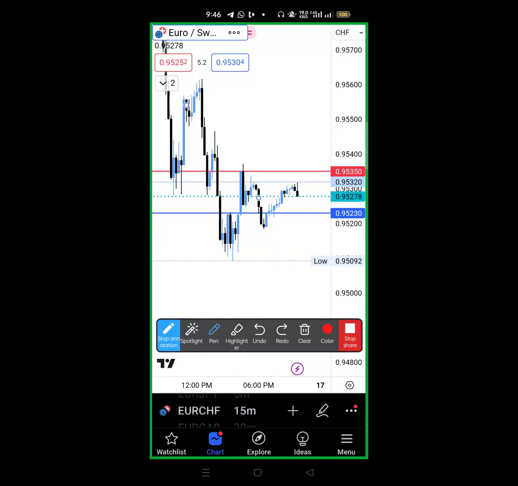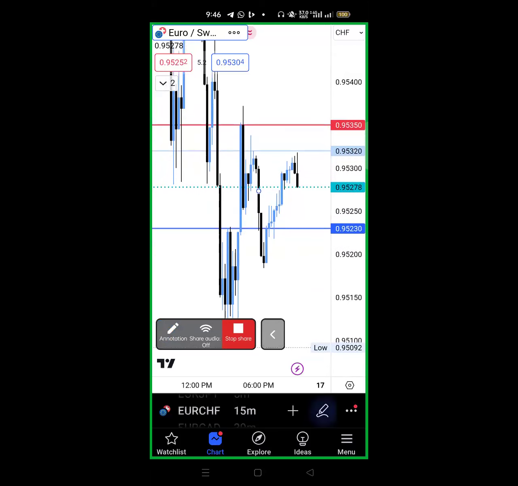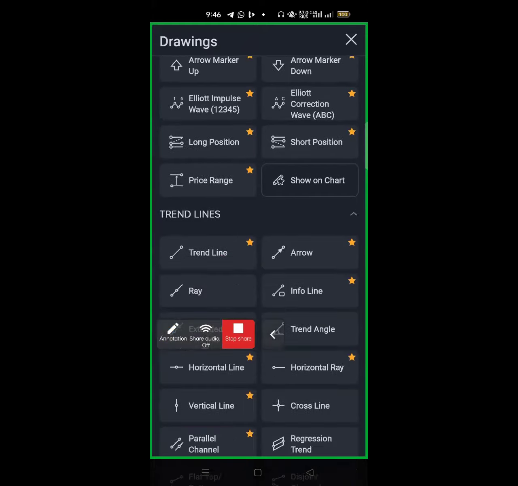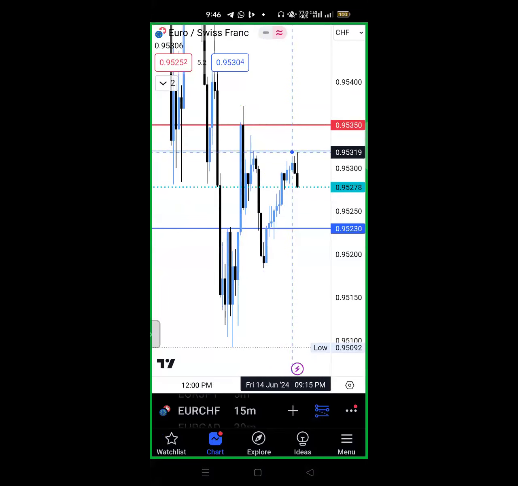So Manara gave this entry. Look at the entry point for Manara now. This line here, which is 95.32, yeah, 95.32. Let me bring the shorts in. So this is what Manara expects.